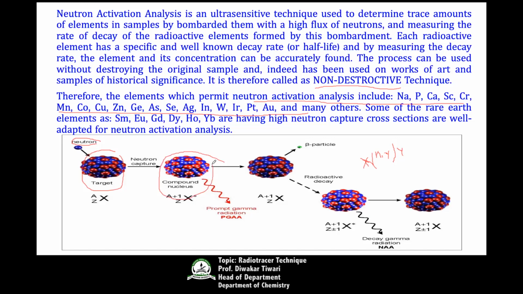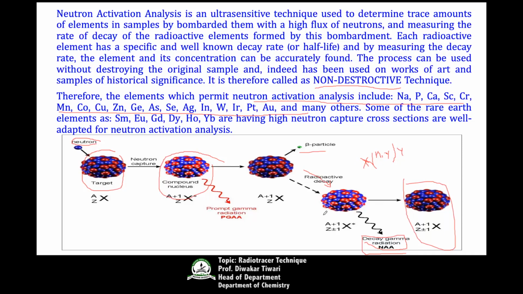This compound nucleus, which is highly unstable, undergoes prompt gamma radiation, followed by beta emission, and then the nuclide undergoes gamma decay. The gamma radiations coming out can be detected with the help of a detector, and the daughter nuclide is formed.